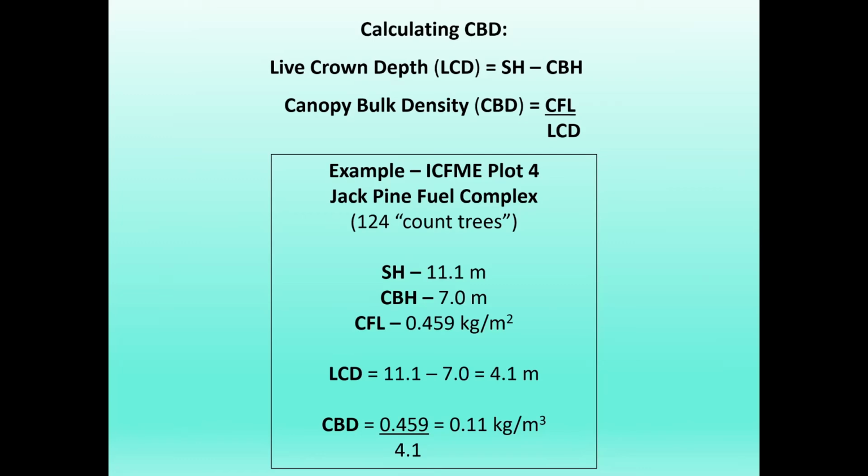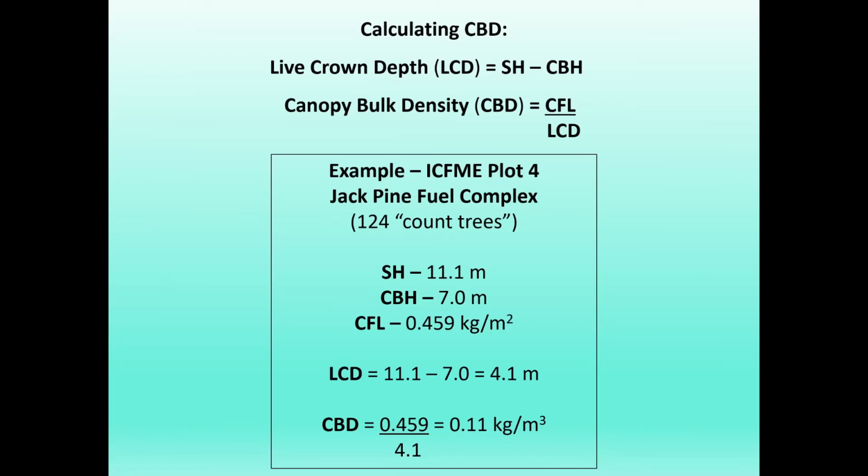The example is from ICFME plot 4, a more or less pure jack pine fuel complex. The number of count trees was 124. The stand height was 11.1 meters, the canopy base height 7 meters, and the canopy fuel load 0.459 kilograms per square meter.